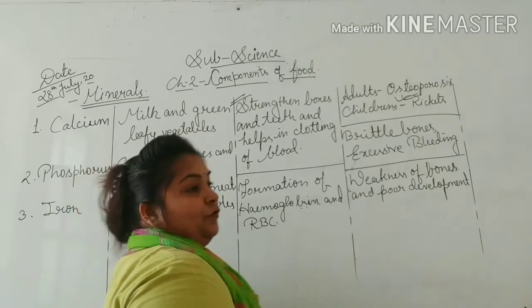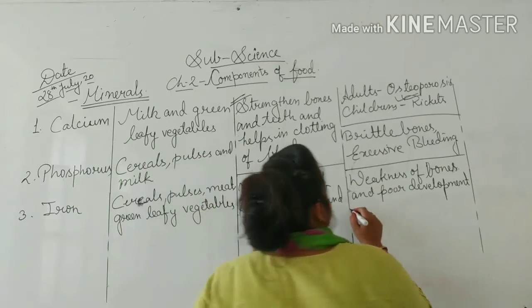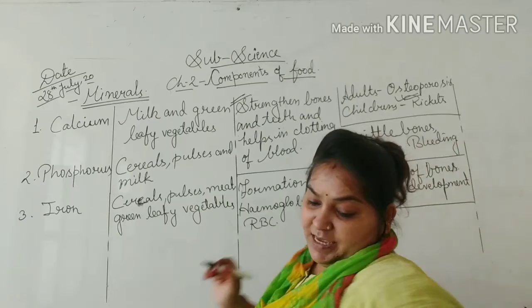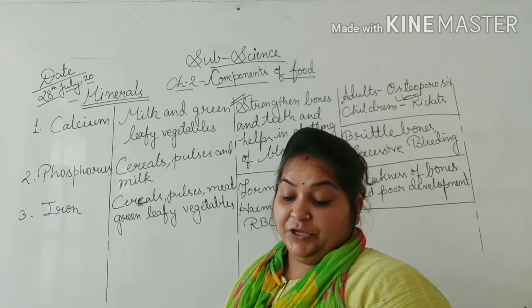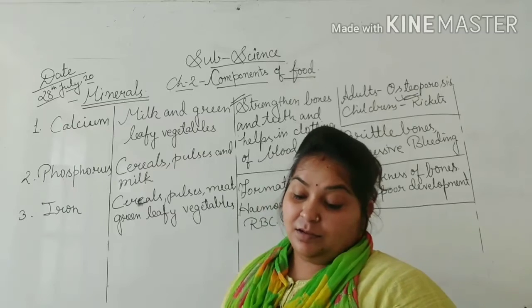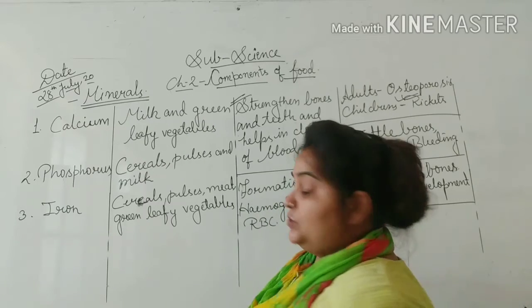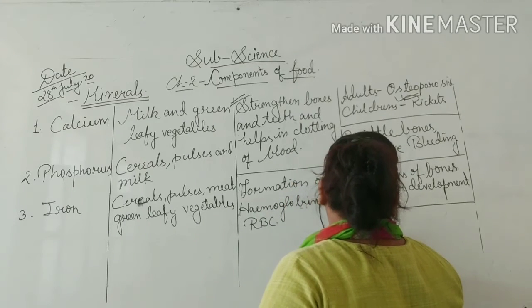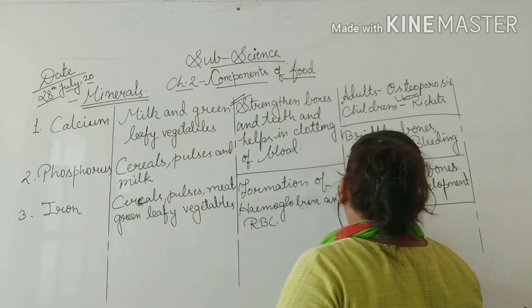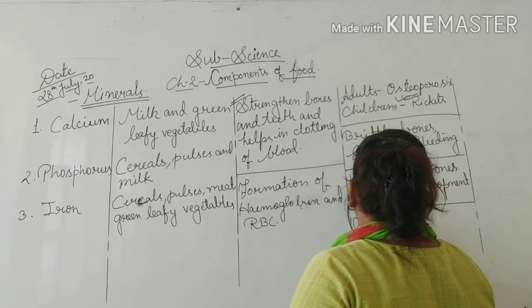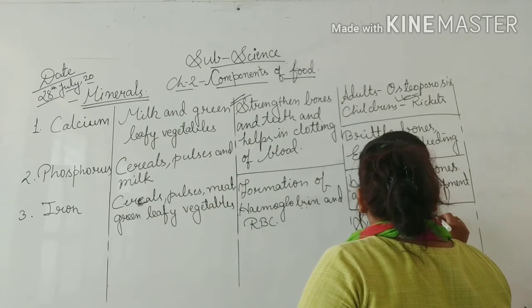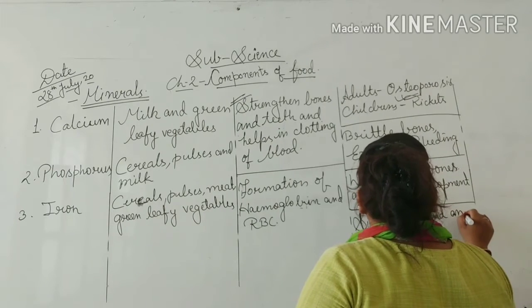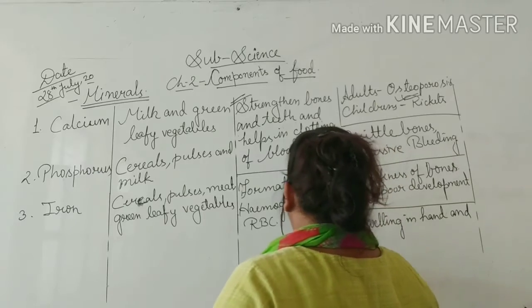Okay. And what are the symptoms for this? What symptoms can we see? They are pale body color, body fatigue, white nails, loss of weight, swellings in hand and face. So these are the symptoms. If they occur in your body, then you can understand that you are suffering from some type of disease.